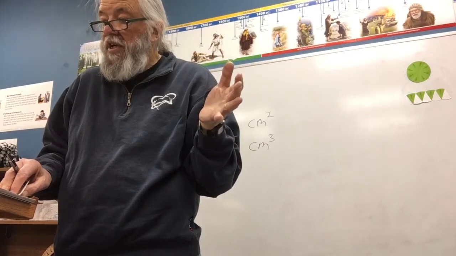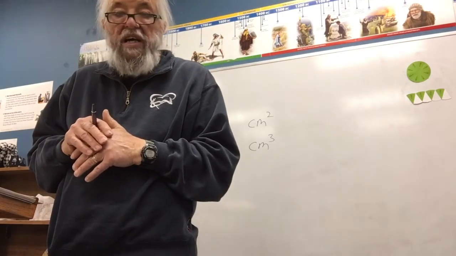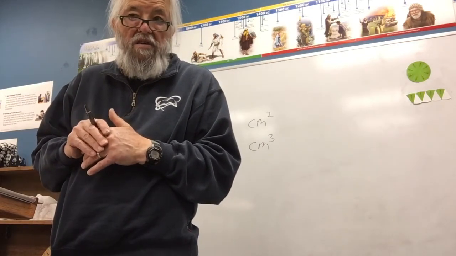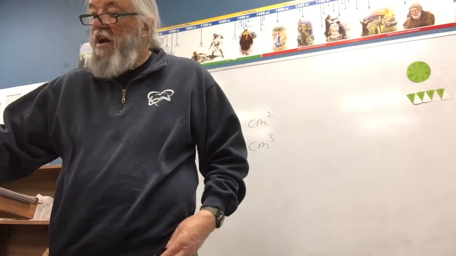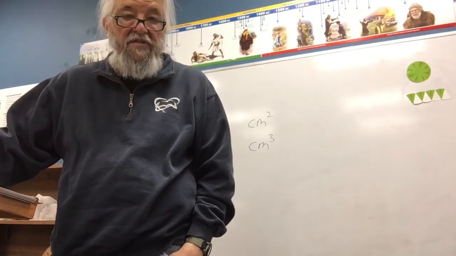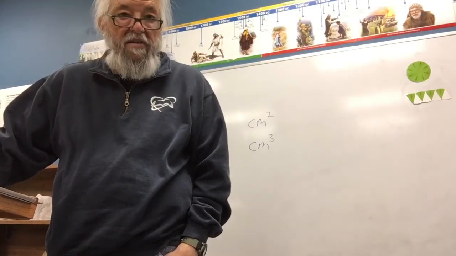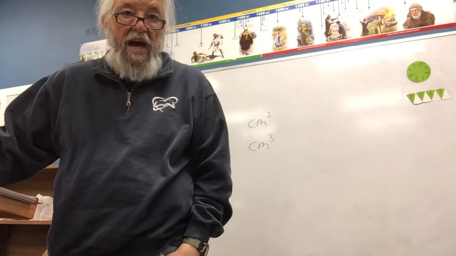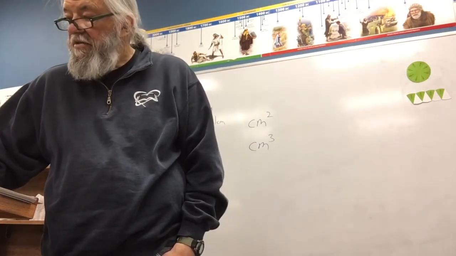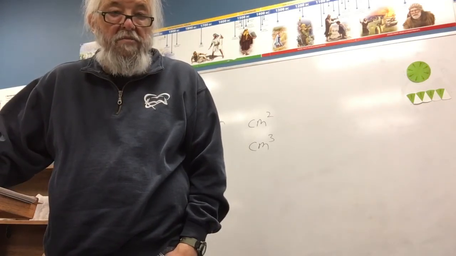If I were going to do it, it looks like a complex figure because it's a rectangle and a triangle, okay? I would use that for my base. And then I would find the area of the rectangle, and I'd find the area of the triangle, add those two together, and then that 10 inches, that would actually be the height.